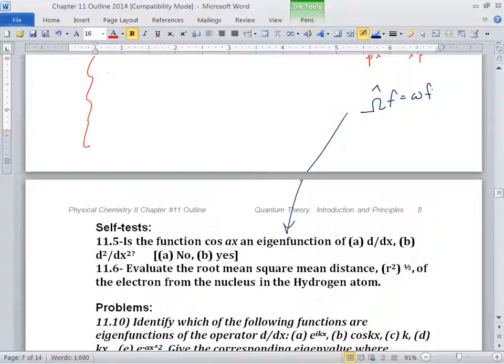So, is cosine ax an eigenfunction of d/dx? Does it fit that format? Well, you get an eigenvalue when you get the function back. So do you get the function back?